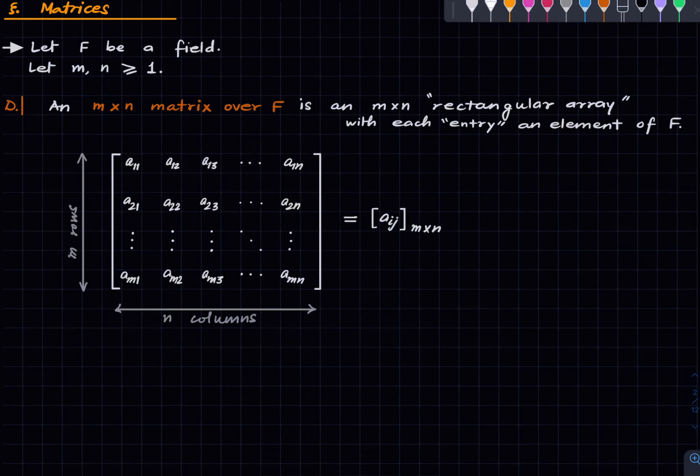An m cross n matrix looks like this. We have m rows, we have n columns, and once you choose a row and a column, you get a cell or an entry, and this is an element of the field F.